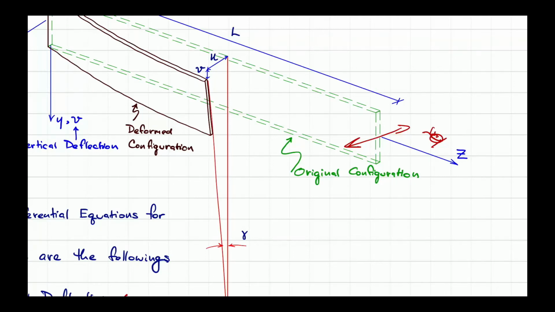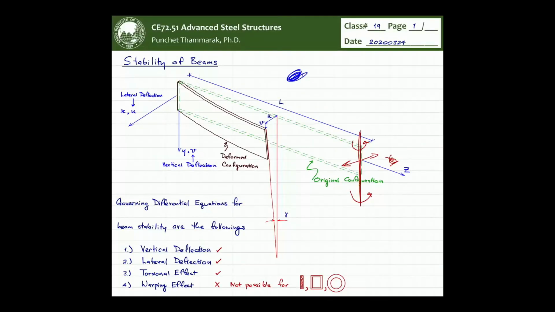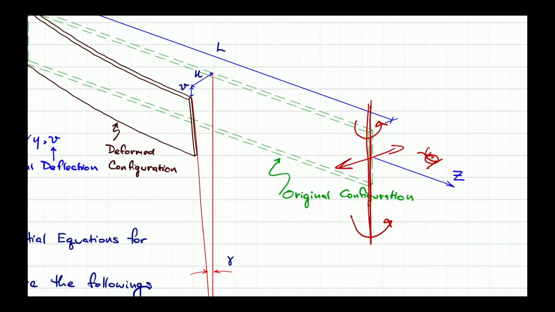So the second area moment of inertia that controls the movement along the X direction is this one about this axis. So this axis is the Y axis, and then you are going to use Iy.